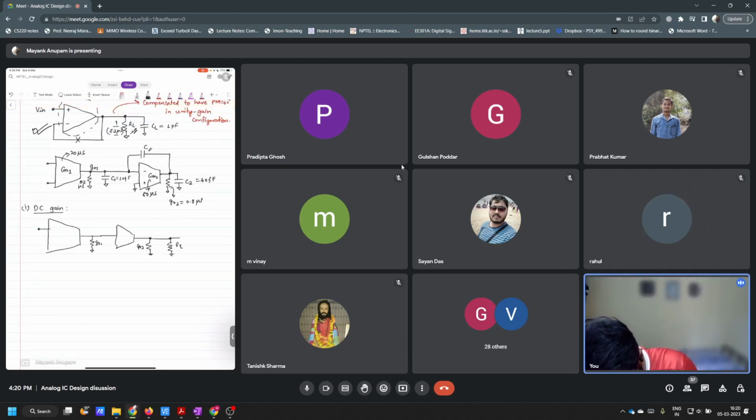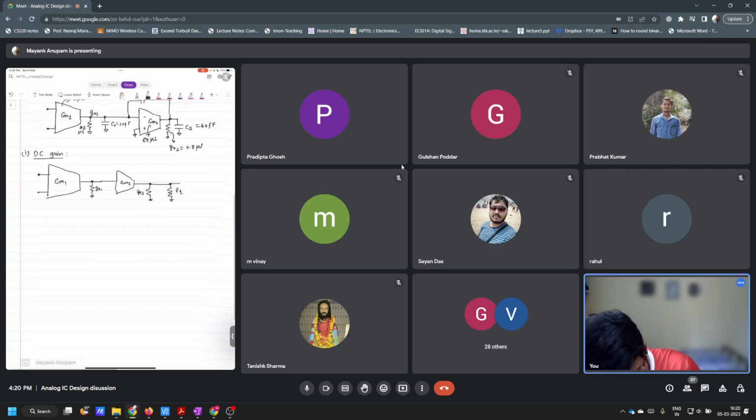So this is the condition: GM1, G naught 1, GM2, G naught 2, and RL, right? So what will it be?